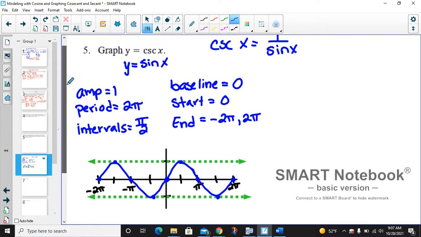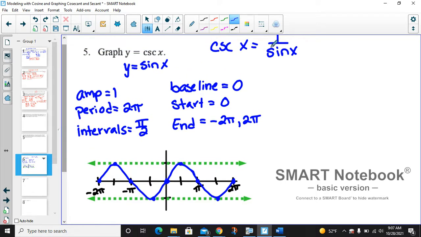We've seen this plenty of times before. Here we're really trying to do cosecant. Now we know cosecant is the reciprocal of sine, so we're going to have some problems whenever this is 0. Whenever sine is 0, I'm going to have a 0 in the denominator, which hopefully we remember from rational functions gives us a vertical asymptote.